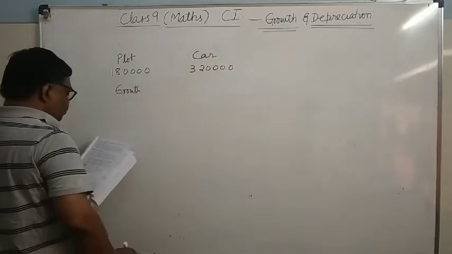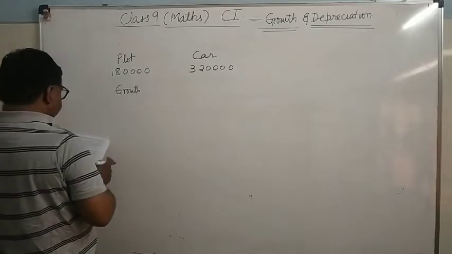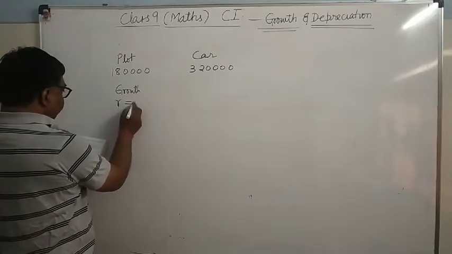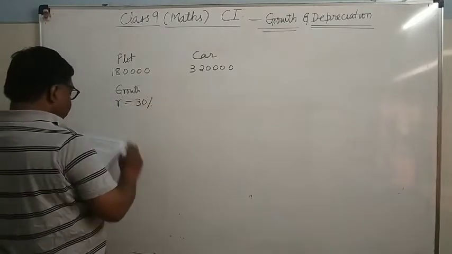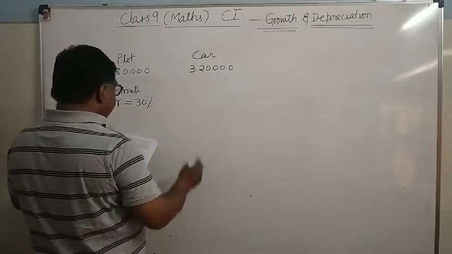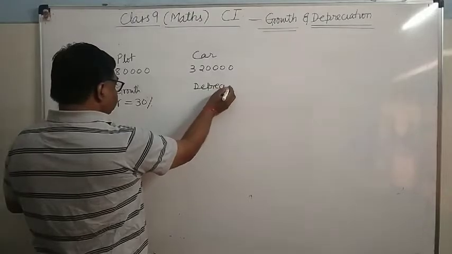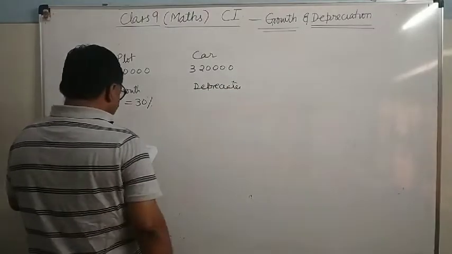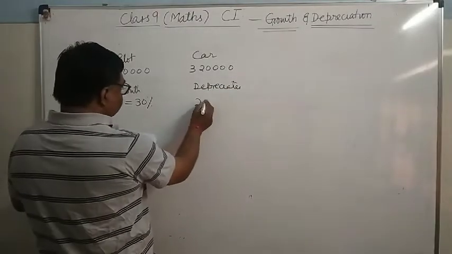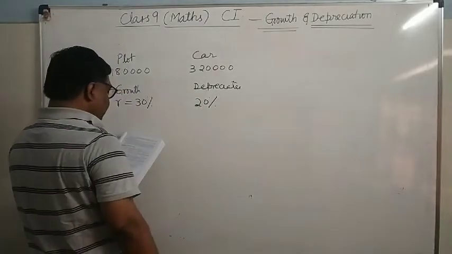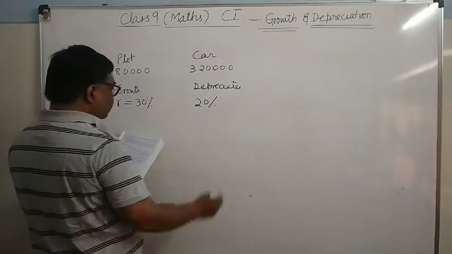And it grows uniformly at the rate of 30%, while the value of the car depreciates, here it depreciates 20% in the first year, and by 15% thereafter.